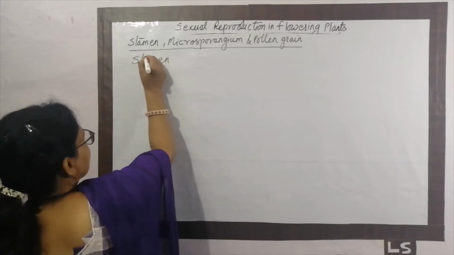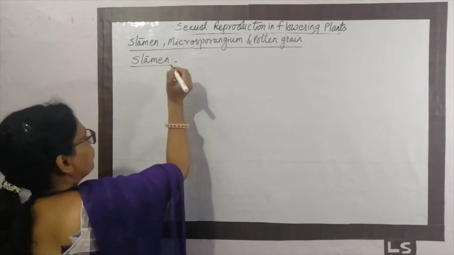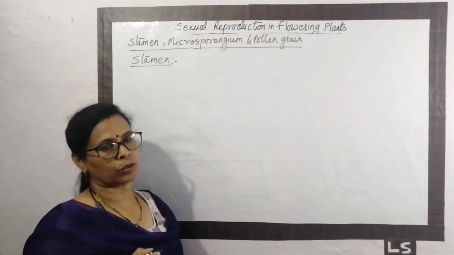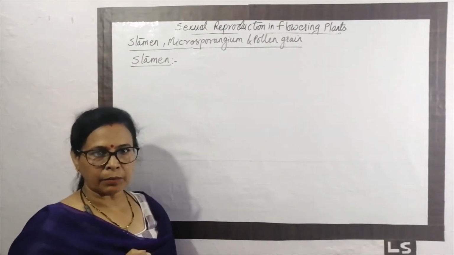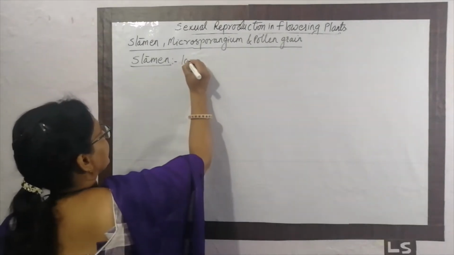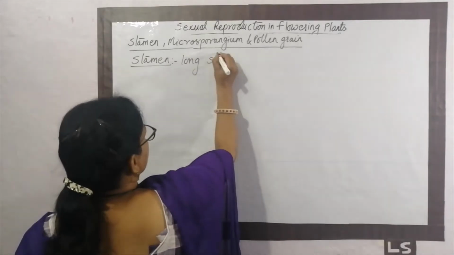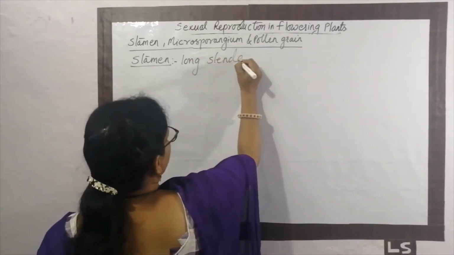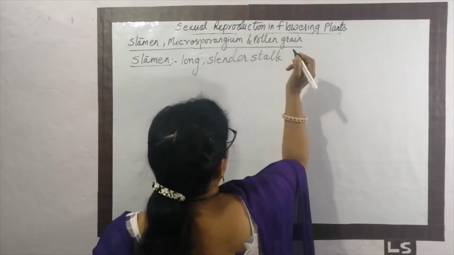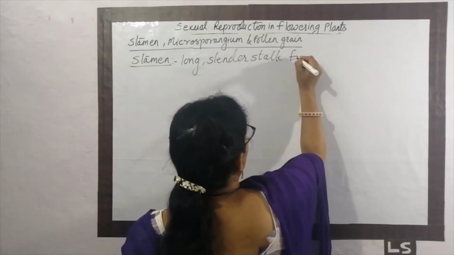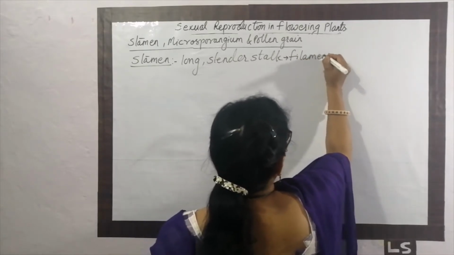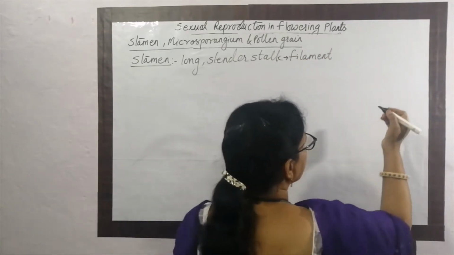The stamen, as we know, is the male reproductive part of the flower. The male floral unit is called the stamen. It is composed of a long, slender stalk, and this slender stalk is called the filament. The filament has 2 ends.